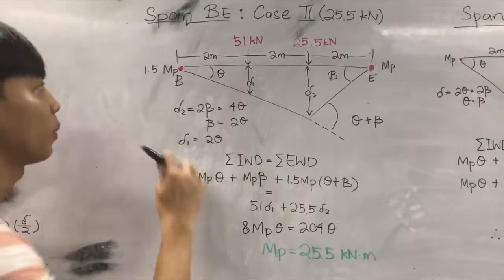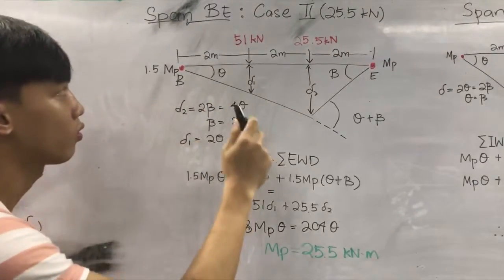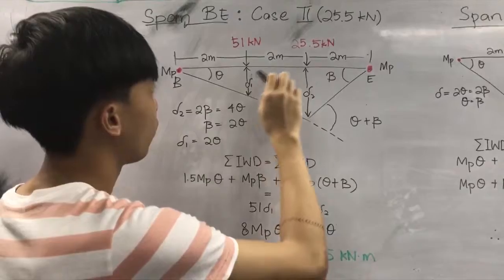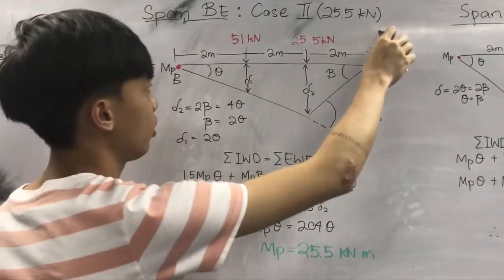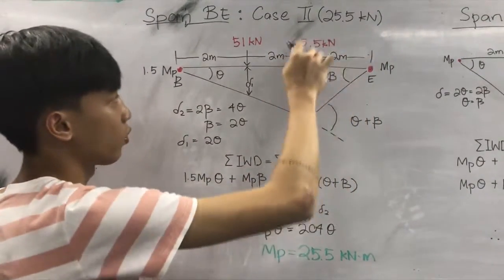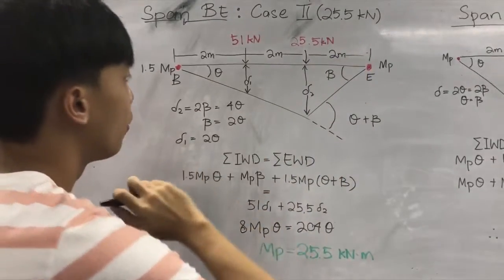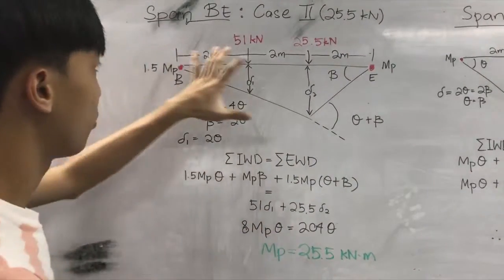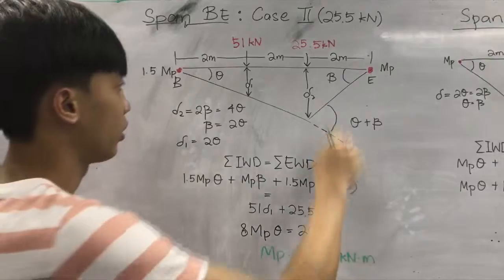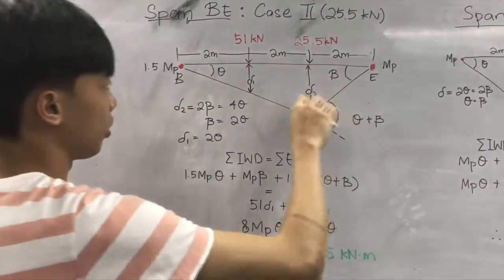So this is span BE, and in this case, this is case 2, whereby we are focusing on 25.5 kilonewton, which is another force that is acting on the beam. So the plastic moment diagram is like this, whereby the deflection at 2 is the main part that we focus.